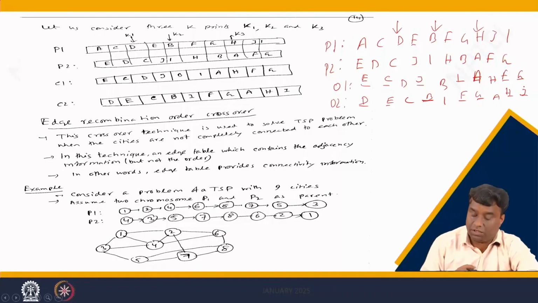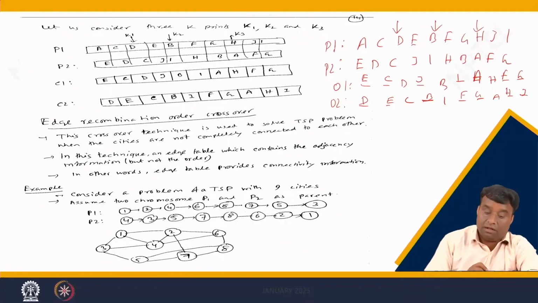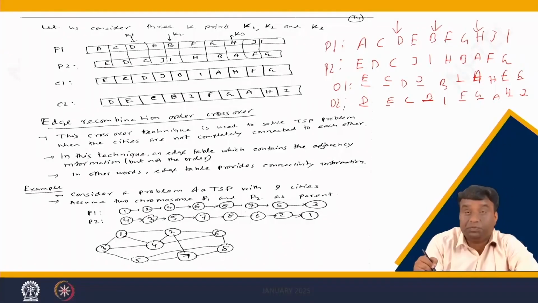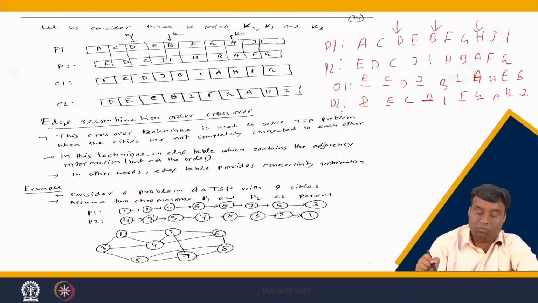So in this way you will get the offspring in this type of producing chromosome.